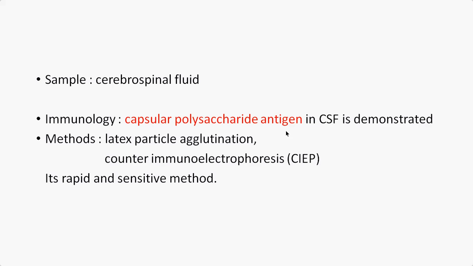The capsular polysaccharide antigen can be detected with the help of the latex particle agglutination method or counter immunoelectrophoresis. This is rapid and sensitive: within 6 hours of collecting the sample you can get a report of such an agglutination test. It's a very rapid and also sensitive one.